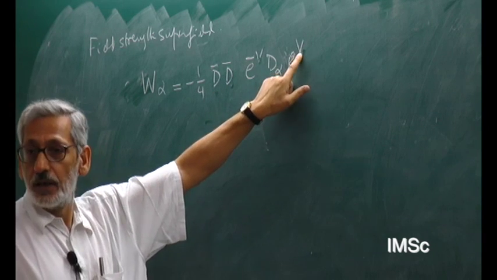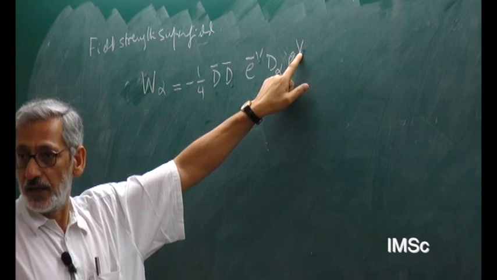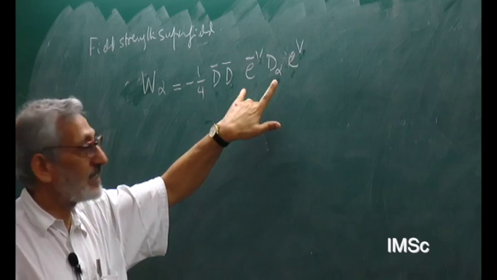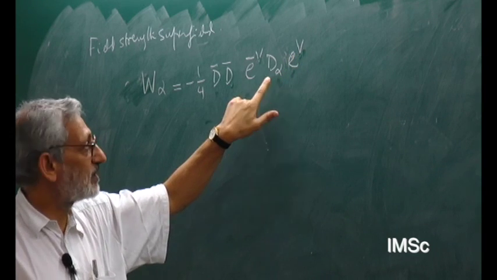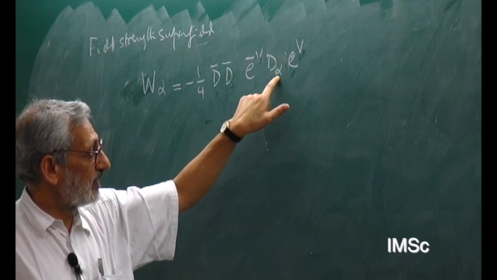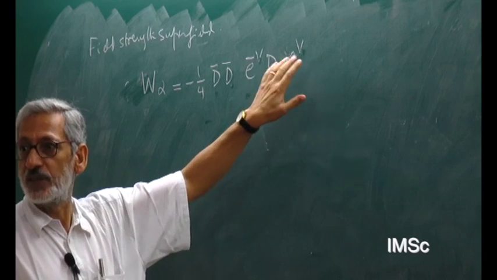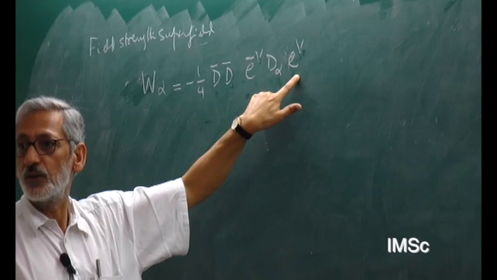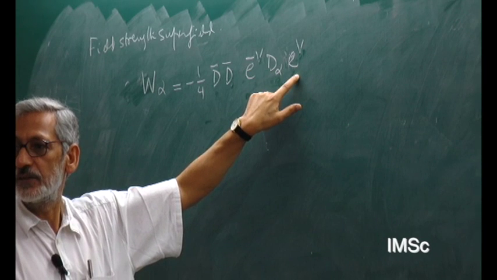If V were a U(1) theory, which means V is not a matrix in U(1) theory, this is exactly how we had defined it for the U(1) theory. D of e^V is D V times e^V for the U(1) theory, so the exponential will go away. So this is a supersymmetric generalization, and its conjugate.